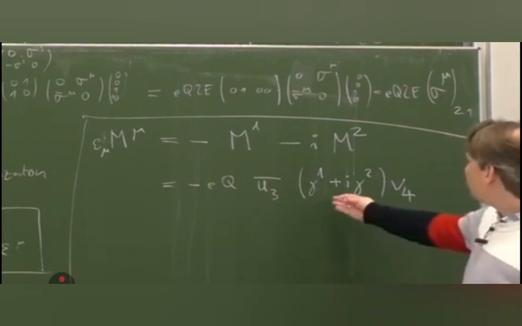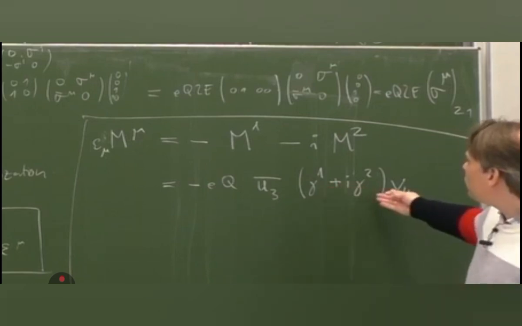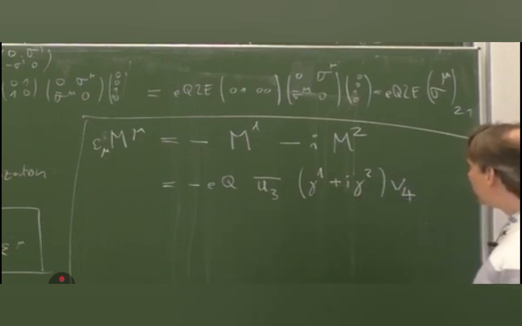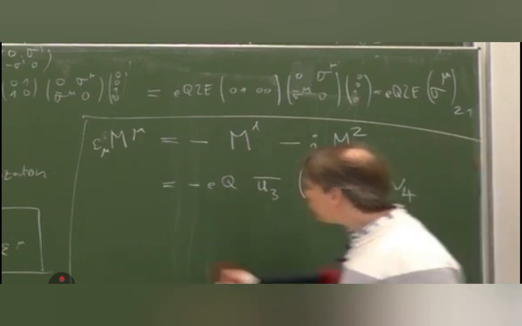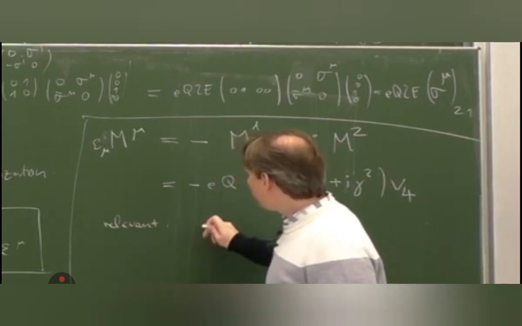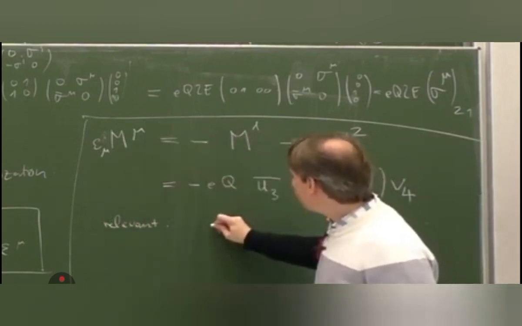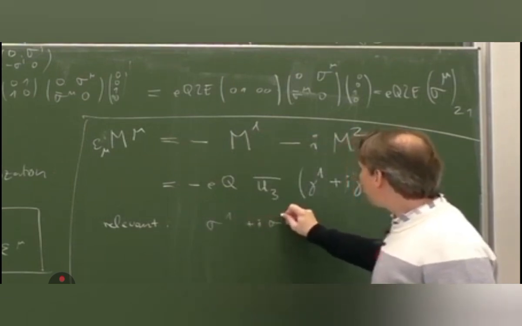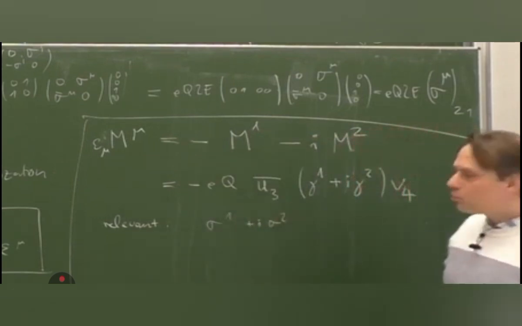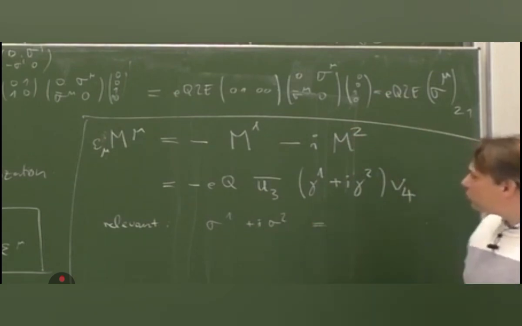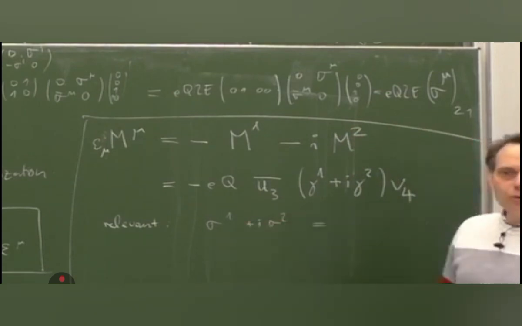So we can ask, what is actually the value of this combination of gamma matrices, gamma 1 plus i times gamma 2? And what is relevant there is the combination of the Pauli matrices sigma 1 plus i times sigma 2, because the gamma matrices are composed of the Pauli matrices, and so you need to know what is the sum of those two.